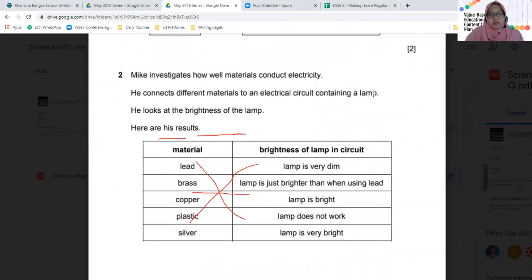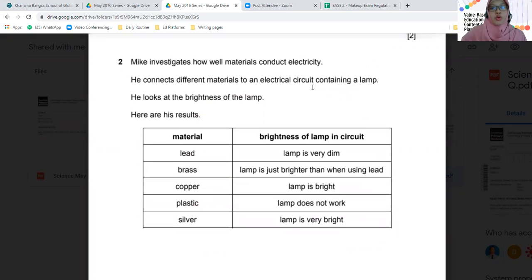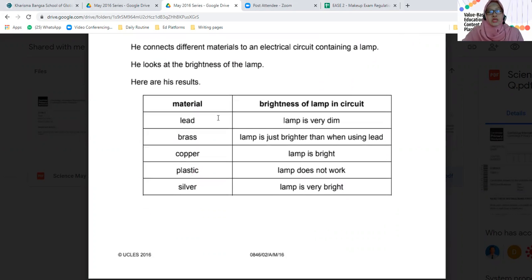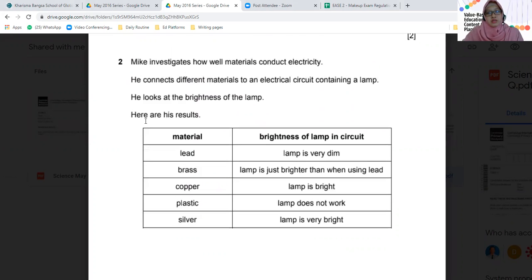Okay, let's go on to number 2. Mike investigates how well materials conduct electricity. He connects different materials to an electrical circuit containing a lamp. He looks at the brightness of the lamp, and here are his results. When he used lead to connect the electrical circuit, the lamp is very dim.